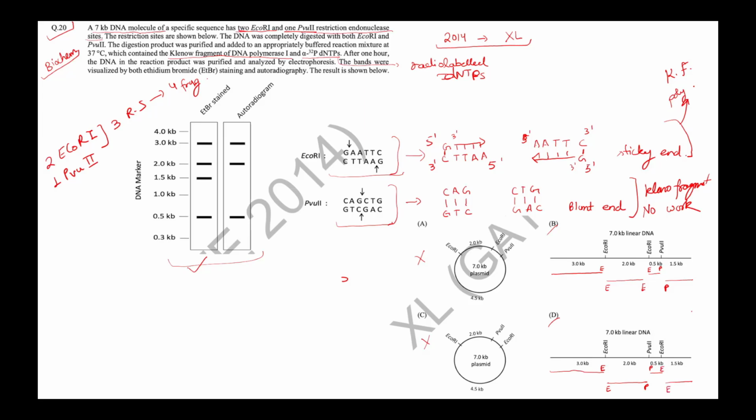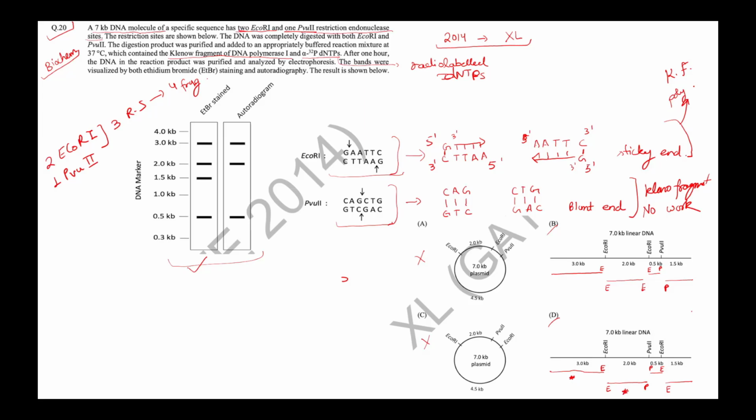If we see this one, as this DNA strand has the EcoRI sticky end here, the Klenow fragment will polymerize it, and the radio-labeled dNTPs will be incorporated. This fragment will be visible on the autoradiogram. This one also has an EcoRI sticky end, will be polymerized and incorporate radio-labeled dNTPs.